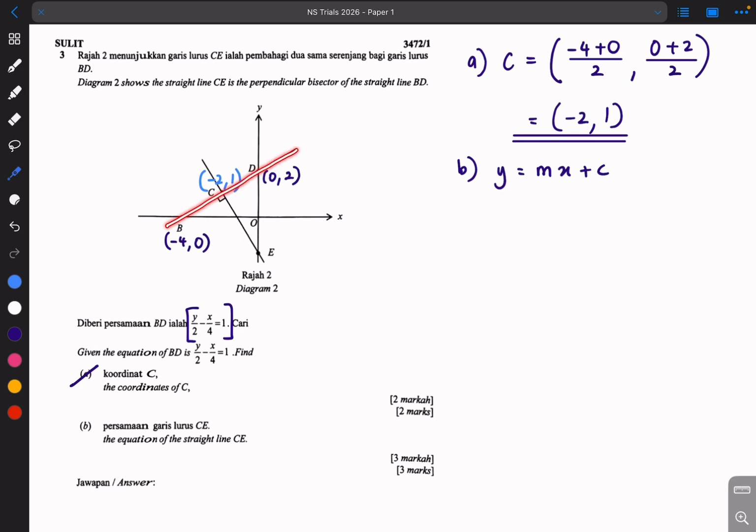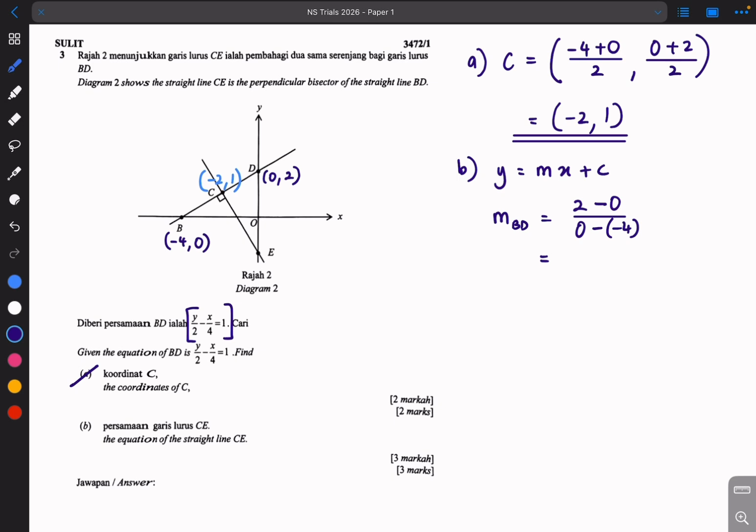We know the equation of this line, and we know this is a perpendicular line. So this gradient will be the negative reciprocal. You can easily find this gradient. You have your coordinates, so the gradient of BD is y2 minus y1 over x2 minus x1.